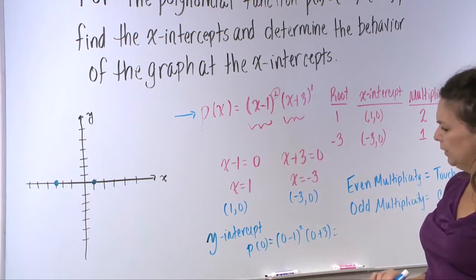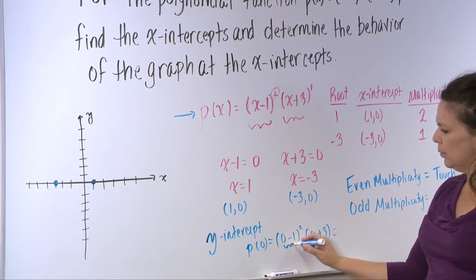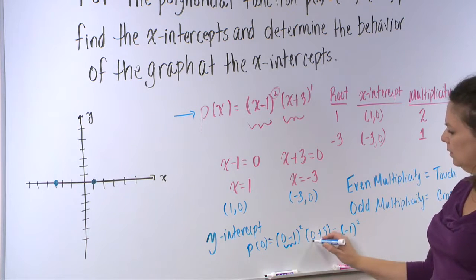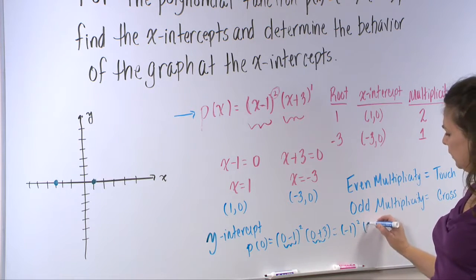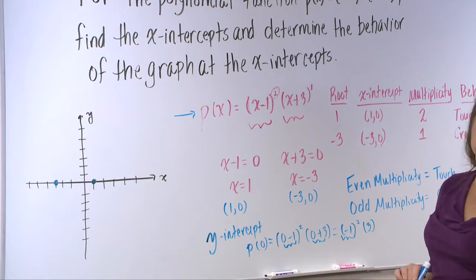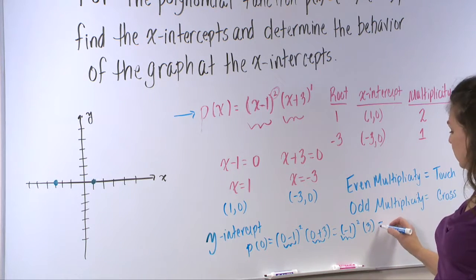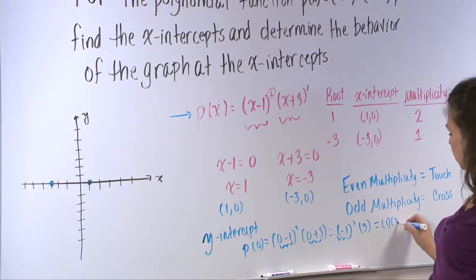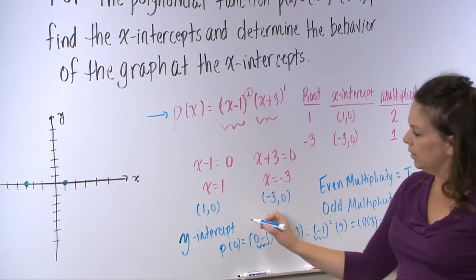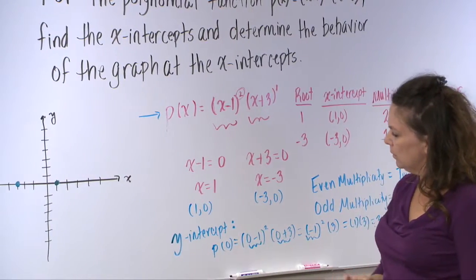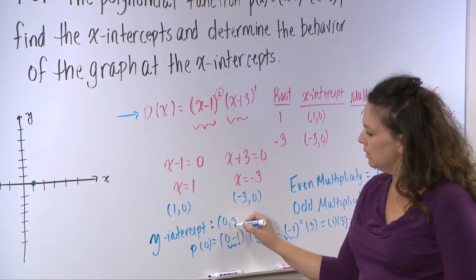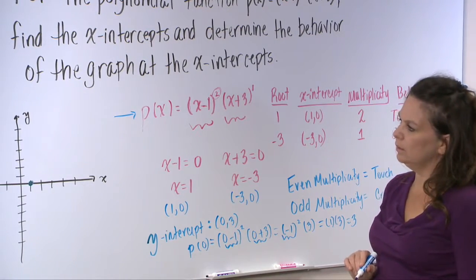And I'll do the arithmetic. 0 minus 1 gives us negative 1 squared. 0 plus 3 gives us 3. Now I'll do the exponents here. Negative 1 squared is 1 times 3, which gives us 3. And thus, our y-intercept, which is when x is 0, is the point 0, 3.